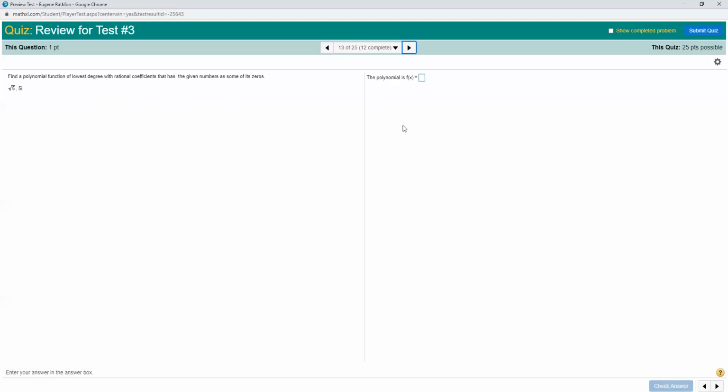So now I got to find the polynomial of lowest degree, and it has zeros of a square root of 5, and that looks like a 5i. All right, so we're going to go FOIL this one out.